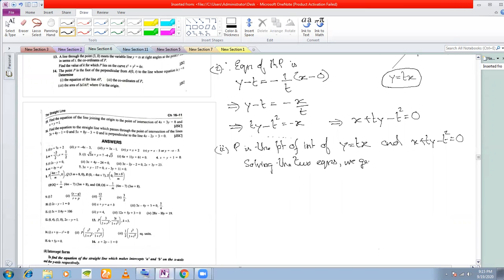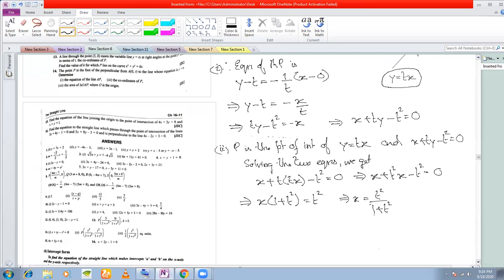You put y is equal to tx here, so you get x plus t square x minus t square is equal to 0. So x into 1 plus t square is equal to t square. That means x is t square by 1 plus t square. So you have the x coordinate of P in terms of t.